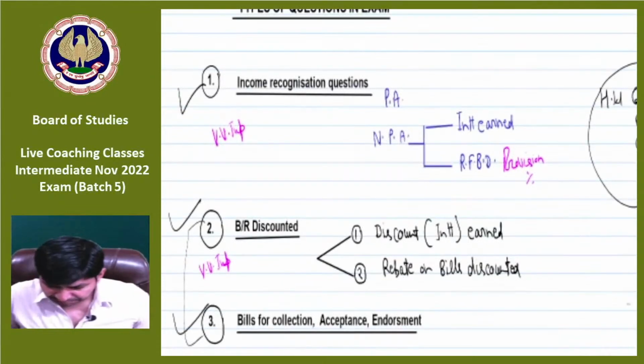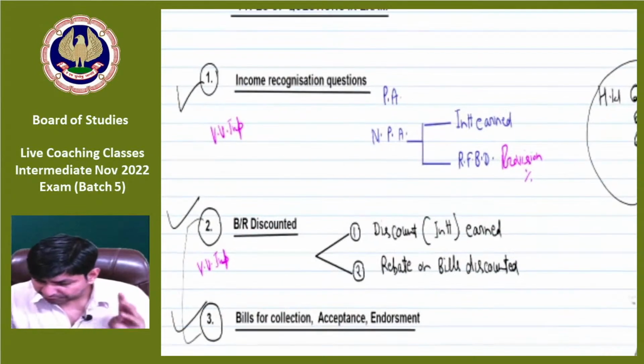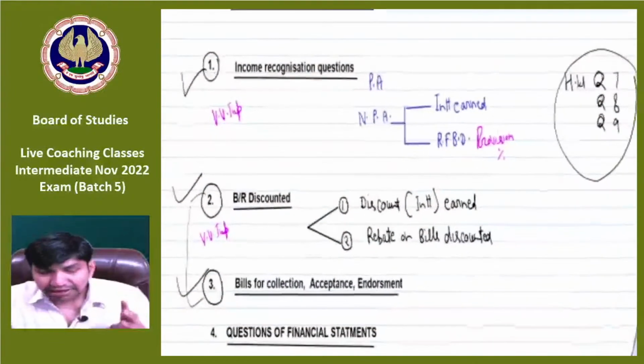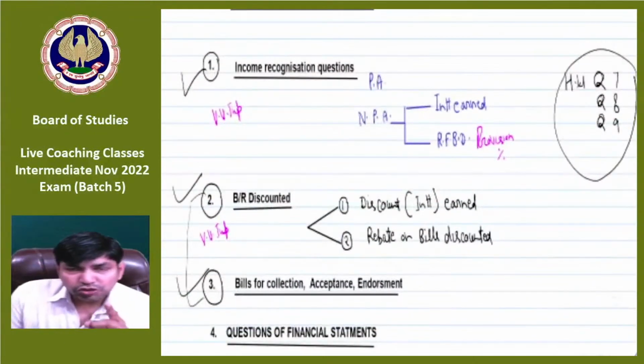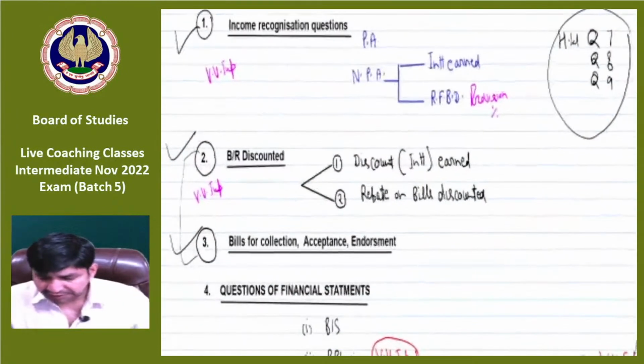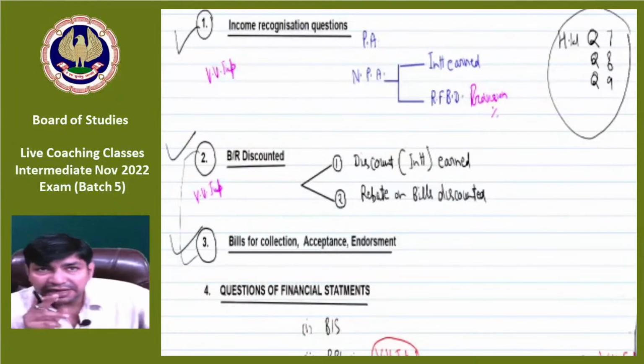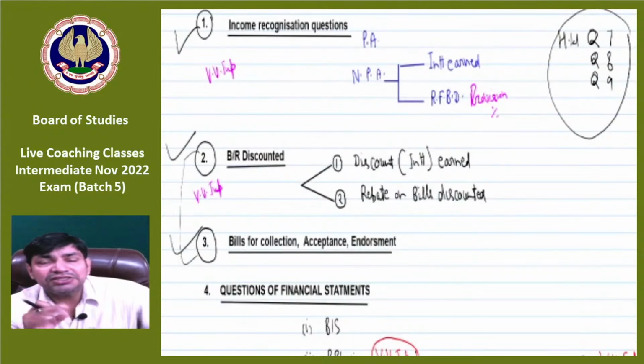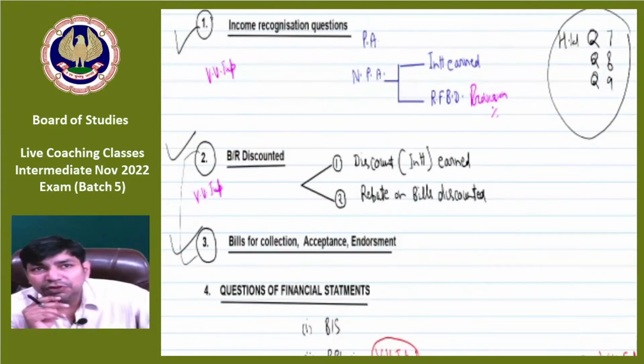Income recognition questions, performing, non-performing, and income recognition on those performing or non-performing assets. Here two points are additions which are only related to theory. Normally the question doesn't ask. In the case of infrastructure, some additional points are there for provisioning. Then you can read it from theory.